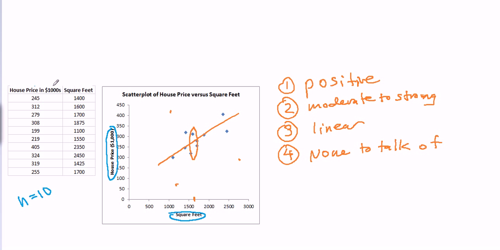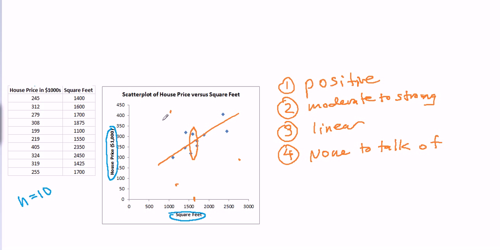We just arbitrarily chose to call house price y and square feet x without any real purpose, and that was fine at that exploratory stage. We didn't have a clear objective yet.